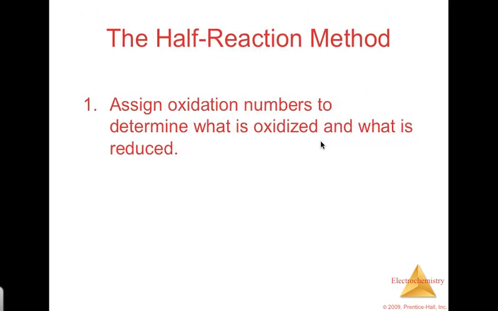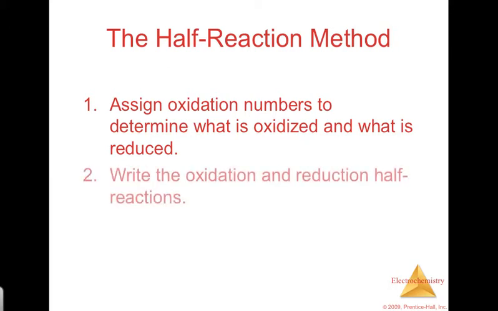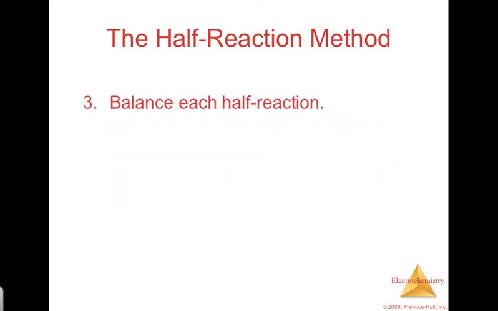So the first thing to do in this half-reaction method is to assign oxidation numbers to identify what is being oxidized and what is being reduced. Then you're going to write those as two half-reactions, the oxidation reaction and the reduction reaction, separately.